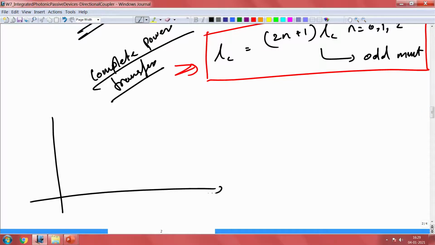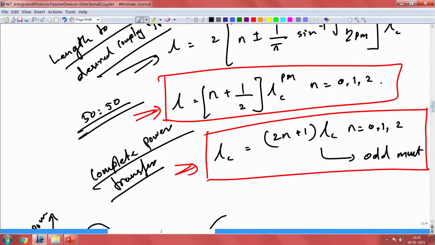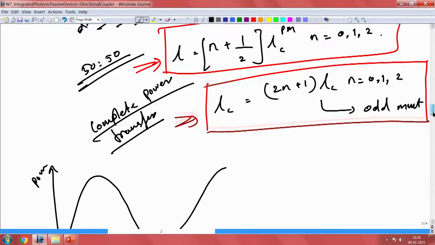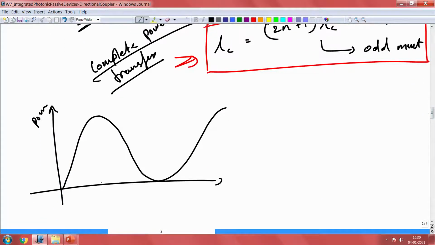So, this is anyway going to oscillate between the two states, right. The power will do something like this, right. A complete power transfer will require Lc, right. So, it is odd multiples is what we are looking at. So, this will be Lc and here this will be 3 Lc and so on. So, this is the power in the second waveguide, right.